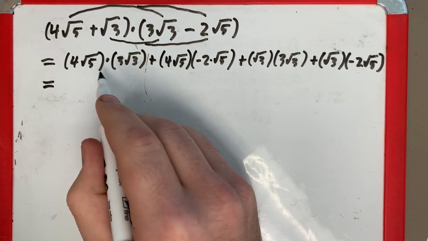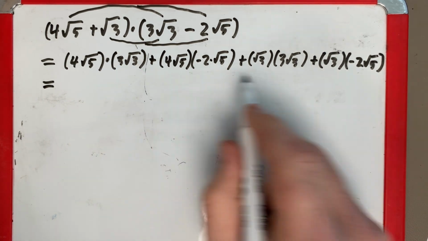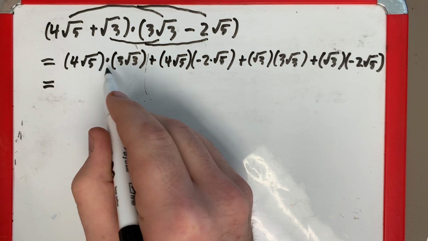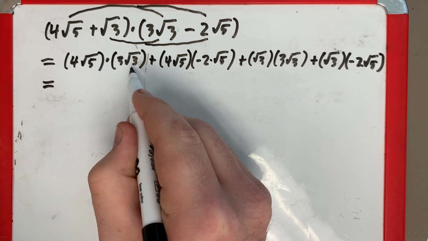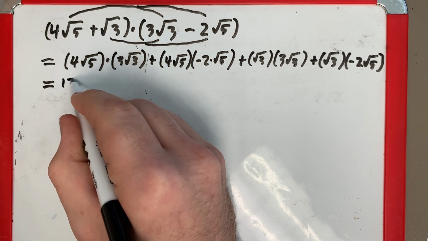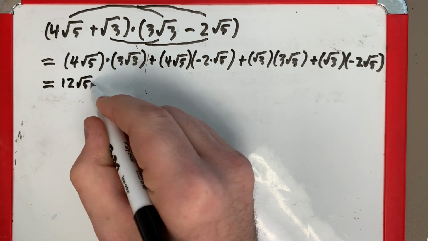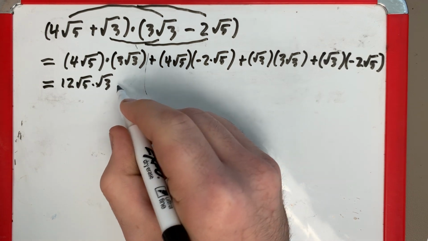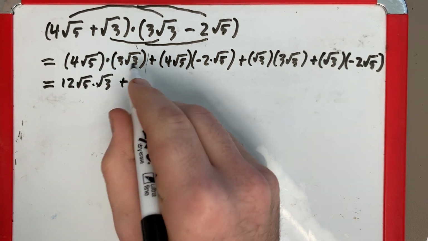And okay, now let's combine stuff. These guys are being multiplied, has nothing to do with anything else, so we just have these two things. So we have 4 times root 5 times 3 times root 3. So this combines to be 12 root 5 times root 3. We'll combine those in the next step. Okay, so that finishes off the first term.